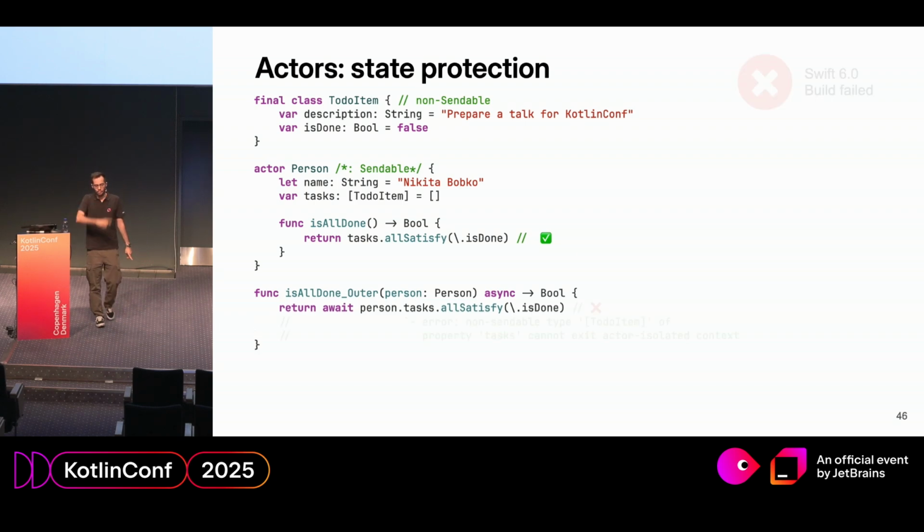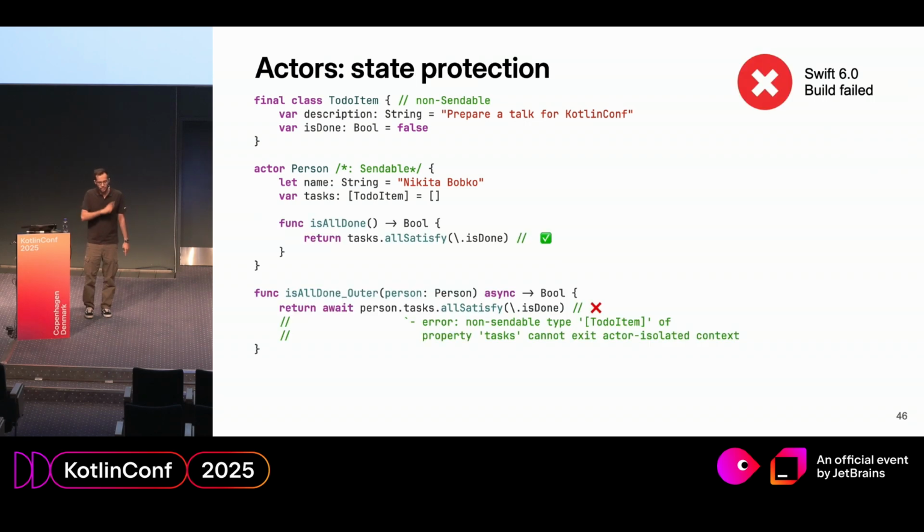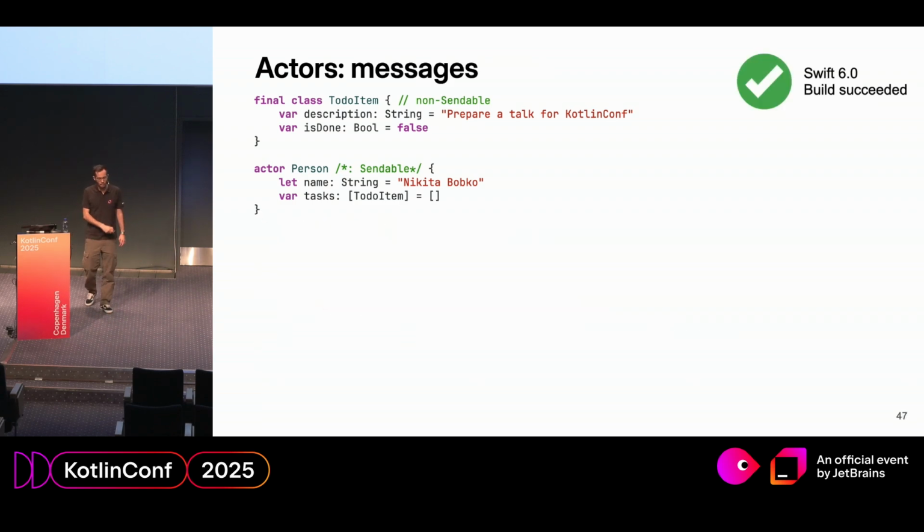But even so, this code is red, because the task property's return type is a mutable state, which leaves its isolation domain, and generally it's not allowed to share mutable state outside of the boundaries of the actor. So that's how actors protect the state inside of them.